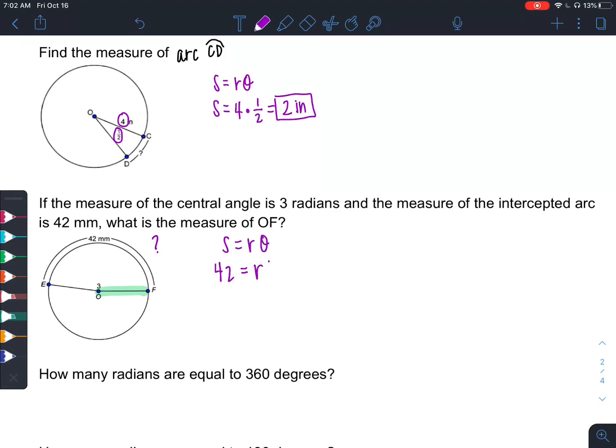And then our theta is 3. So we divide both sides by 3 and we get that 14 is equal to r. So 14 millimeters is our radius, or OF, I should say.